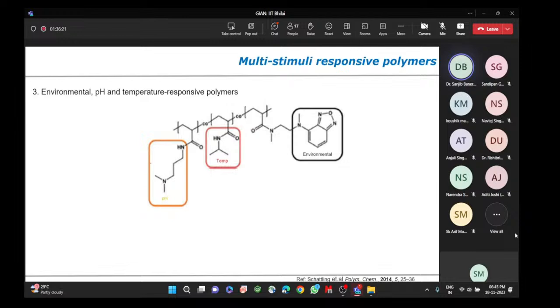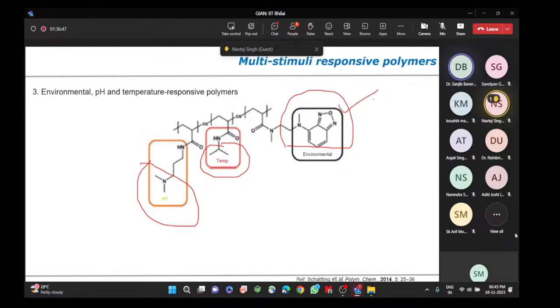This part is pH responsive, because if you have observed closely what is going on, this molecule is pH responsive, this part is temperature responsive, and this part I will not explain why it is environment responsive. You will get a text on WhatsApp with the image of this molecule, and I encourage you to come up with an answer why this part is environmentally responsive. We will discuss it in tomorrow's class. Today I am not going to explain the environmental responsivity part.